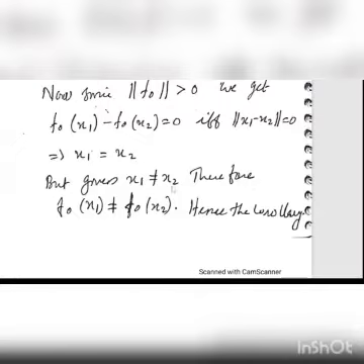But given x1 not equal to x2, therefore f of x1 cannot be equal to f of x2. So if x1 is not equal to x2, f of x1 is not equal to f of x2. That is the thing you want to prove. So hence the corollary.